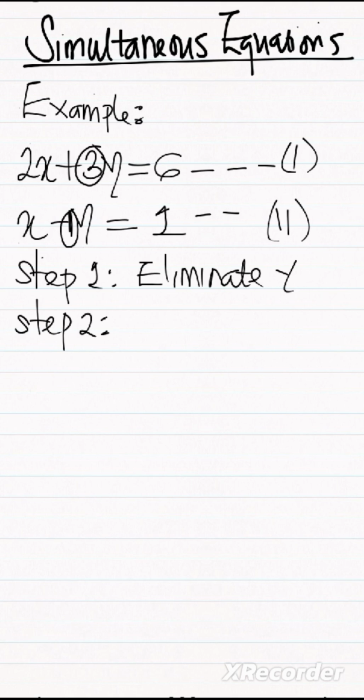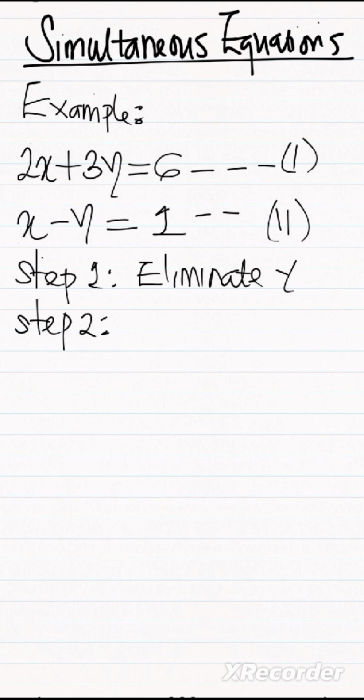How can we achieve this? In order to make the coefficient of a chosen variable equal, you would use the coefficient in equation 2 to multiply equation 1 and use the coefficient in equation 1 to multiply equation 2.